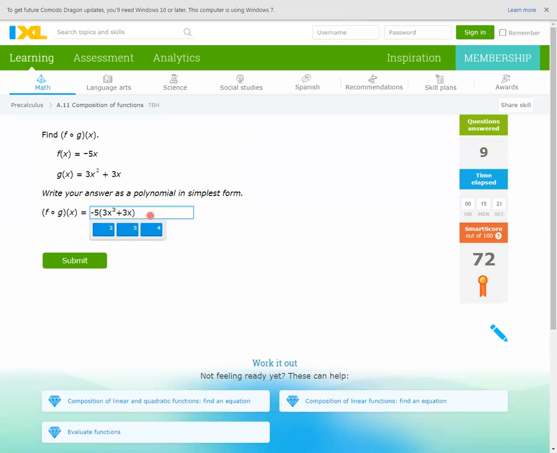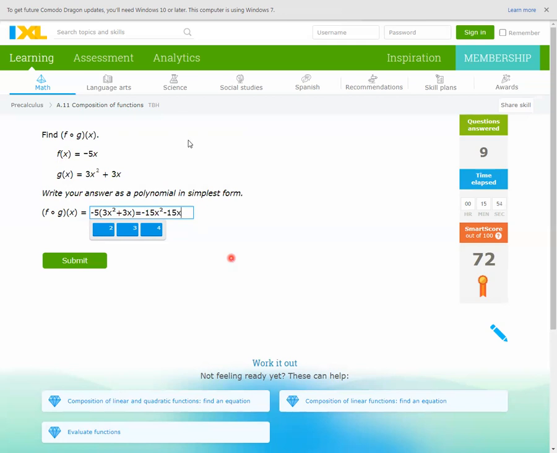Now making simplification, making multiplication between negative 5 outside the bracket and the 2 terms inside the bracket. First, negative 5 multiply 3x squared brings you negative 15x to the power of 2. And then multiplying negative 5 and the positive 3x, it is negative 15x.